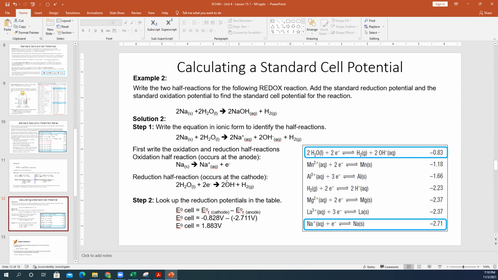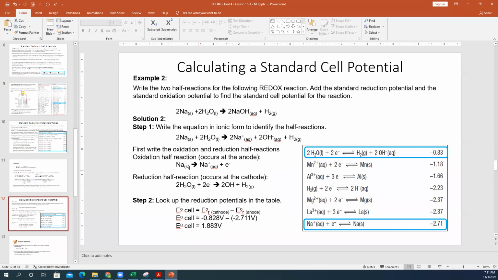And we have 2 oxygens here. And then the 2 hydroxide ions will have an overall charge of 2 minus. So we have a charge of -2 on this side of our reaction. So we have to make sure we have 2 electrons on this side to make sure we have 2 minus charges on either side of the reaction.